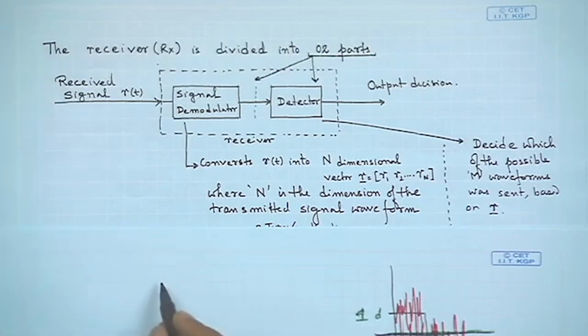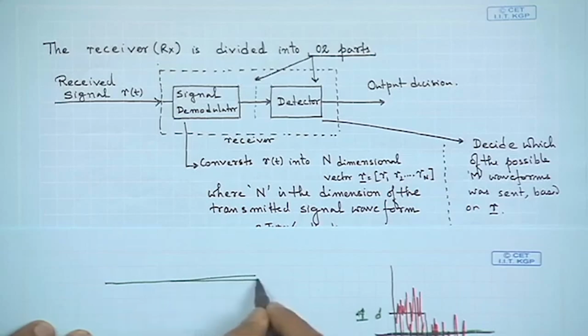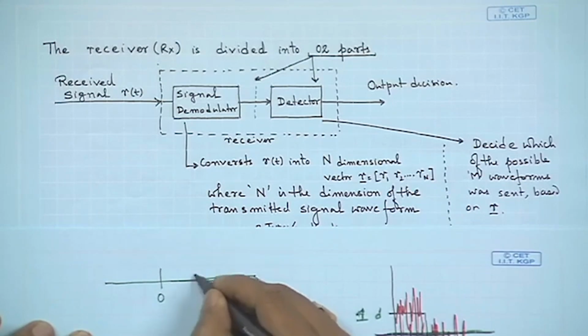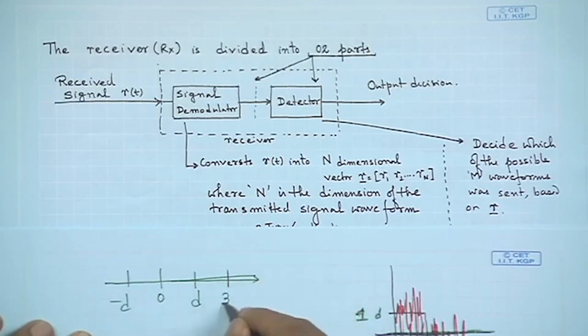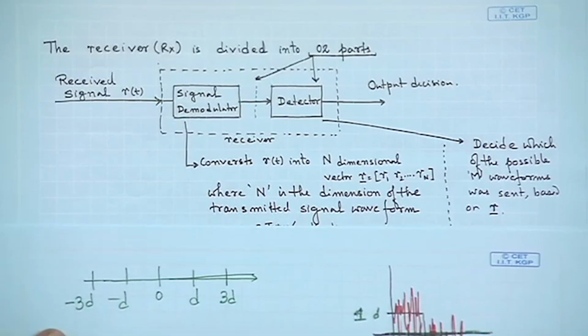So, if we have a PAM signal, this is 0, you have D and you have minus D, you may also have a 3D and a minus 3D. So, in this case, you have a one dimensional signal space, right.